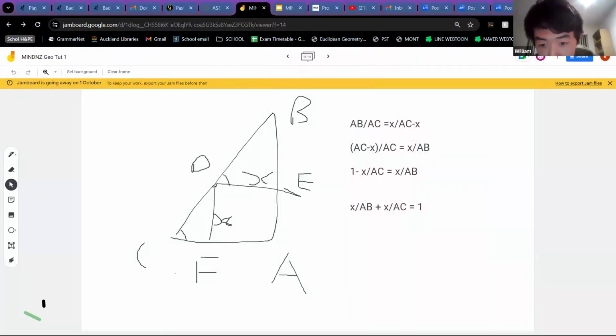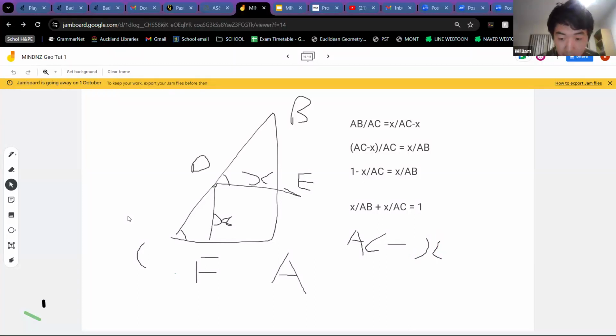Ellie is asking, how is AC minus X over AC equal to 1 minus X over AC? It's kind of hard to see when it's written like this, so I'm just going to rewrite it. AC minus X over AC.